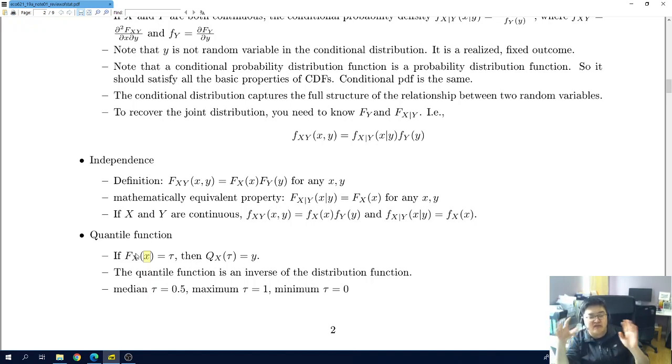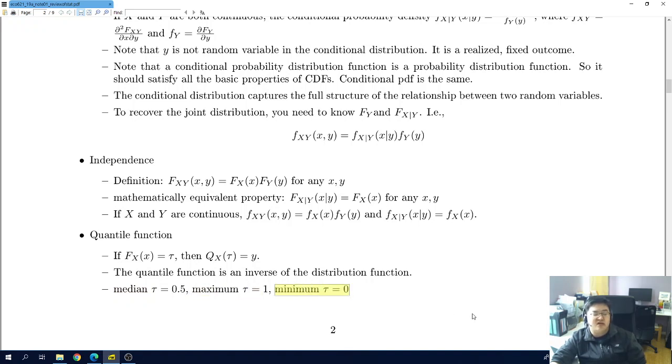However, the inverse may not be well defined. In that case, you need to do some mathematical manipulation. But conceptually, this is general enough, right? And examples are the median. Median is the value that returns 50%. Maximum is at 1, minimum is at 0.